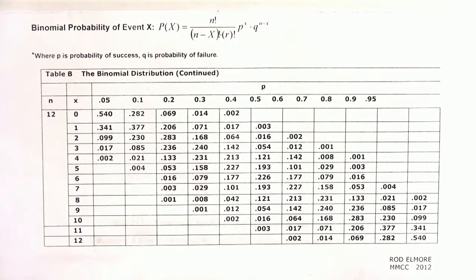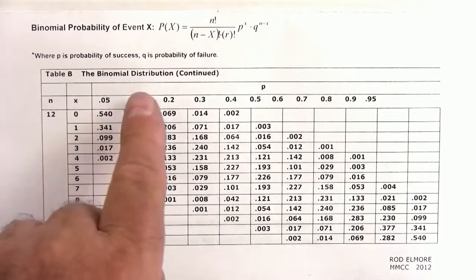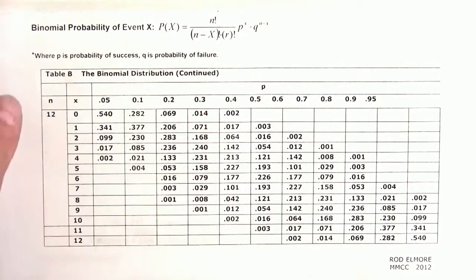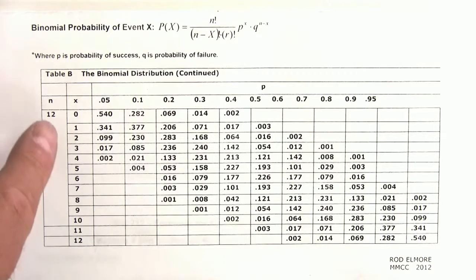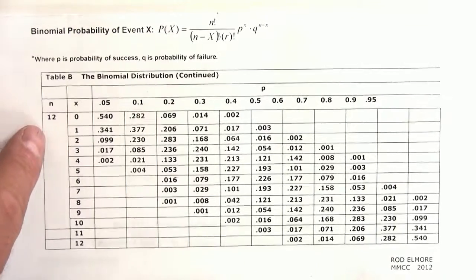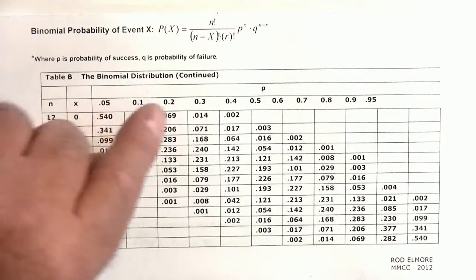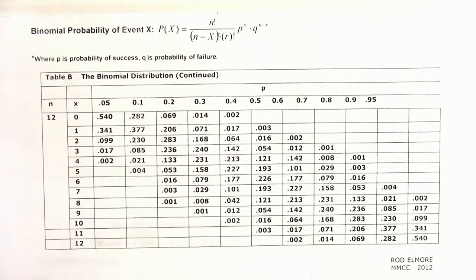So if you look over at our binomial, this is a fairly easy problem, but once again, it's missed by a lot of people. So we're going to look at our binomial distribution, and we can see that n is 12 over here. The original table has all of them in there, but on your test, you'll be given one similar to this. So we've got to figure out what x and p are for our particular case.